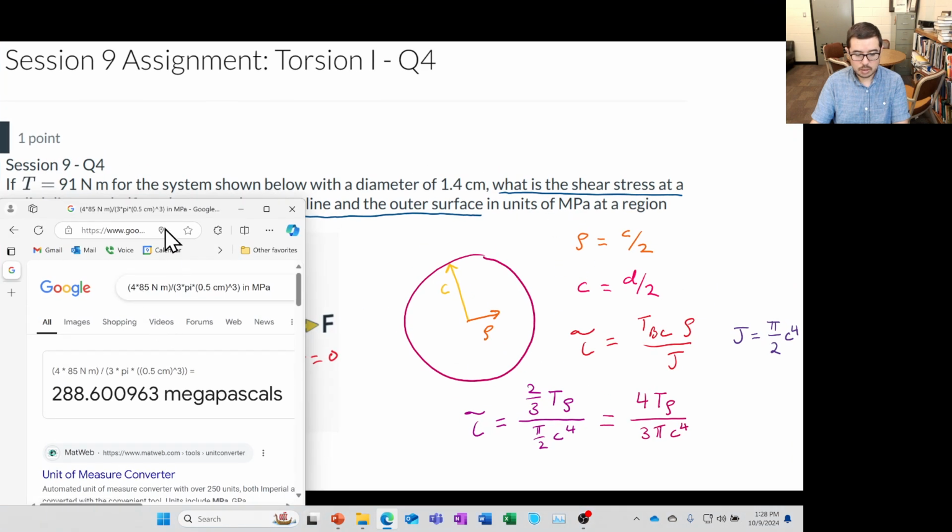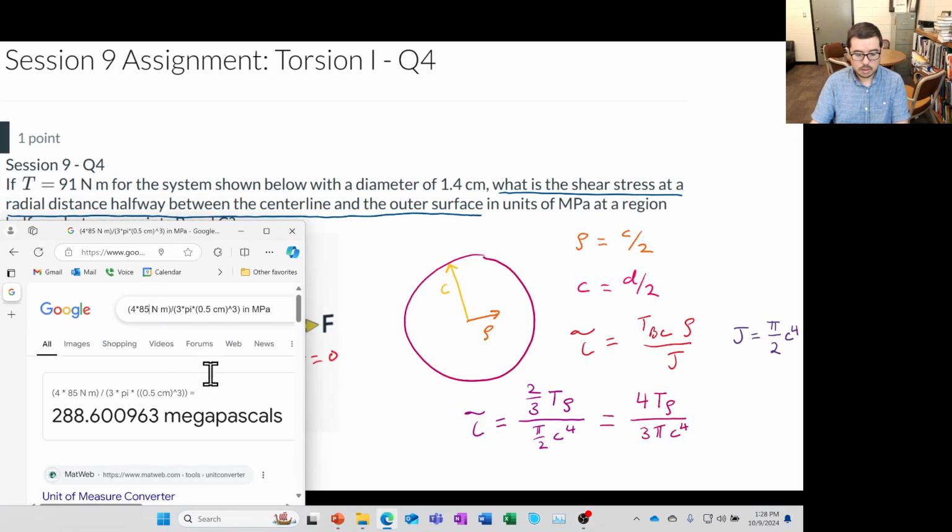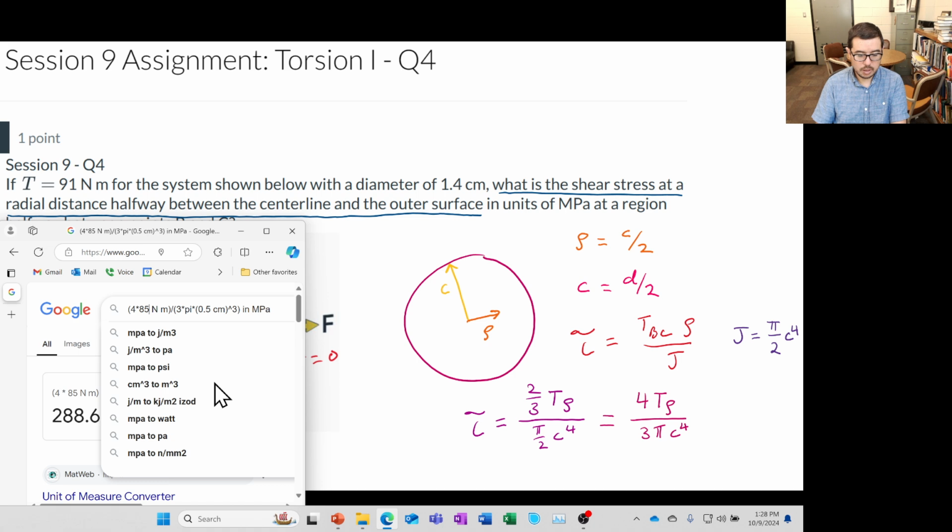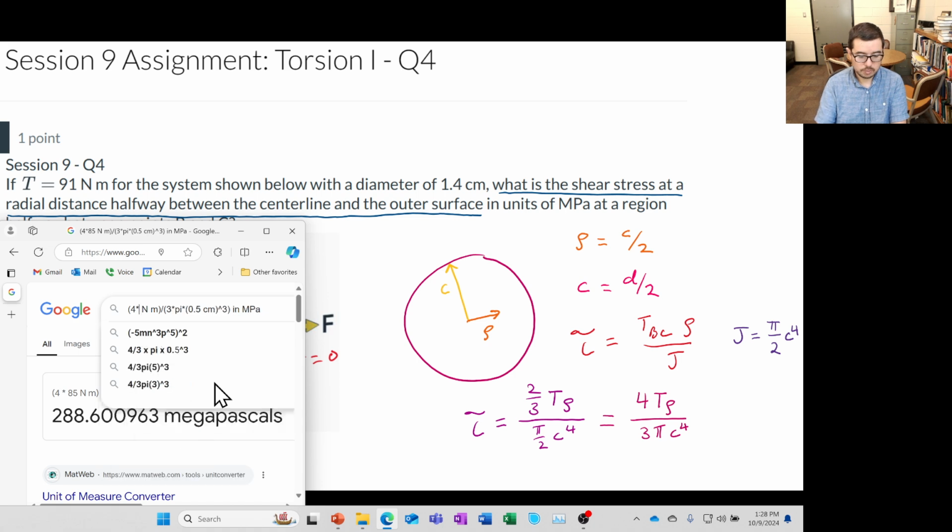So we've got, in this case, 91 newton meters. And we should put a rho in the numerator. So that's going to be half.